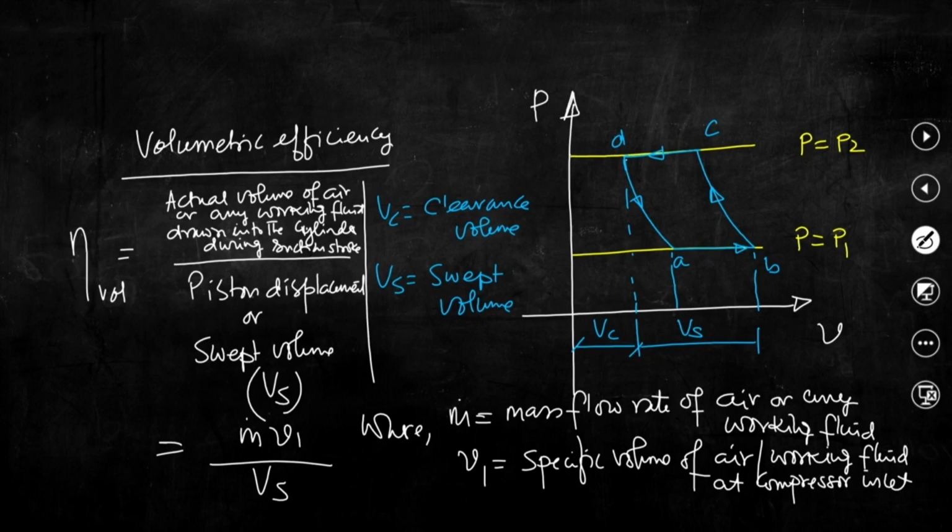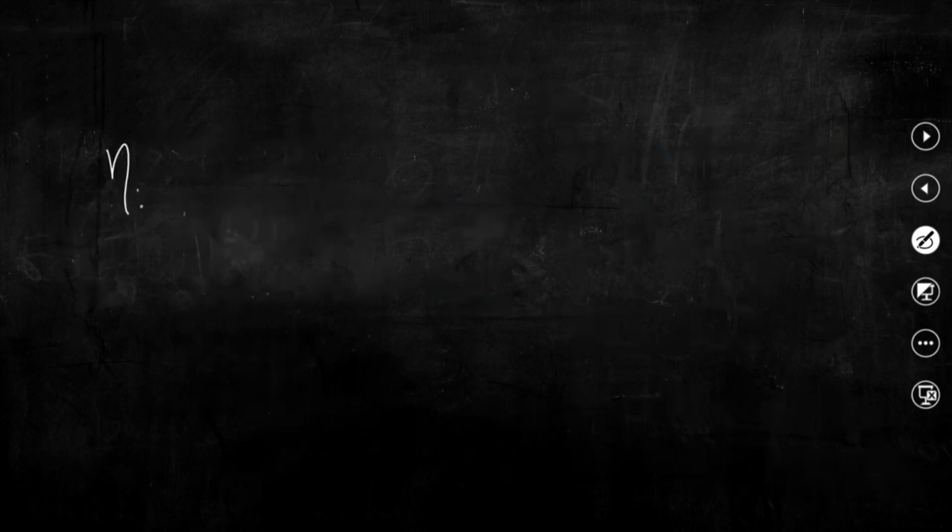So, this is the definition of volumetric efficiency. Now, I have drawn this PV diagram here only to establish another important relation between the geometrical configuration, that is swept volume and clearance volume of the compressor, and the volumetric efficiency. So, eta volumetric efficiency equals m dot V1 divided by Vs.